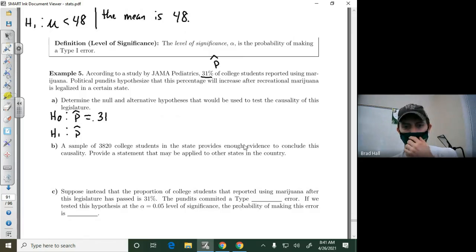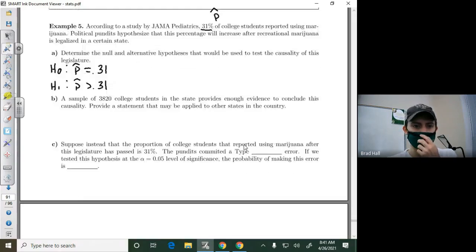We already know the quantity, so I'm going to fill in that one. And pundits hypothesize that this will increase, so that's the alternative here. So these would be the null and alternative hypotheses used to test the cause of this legislation.